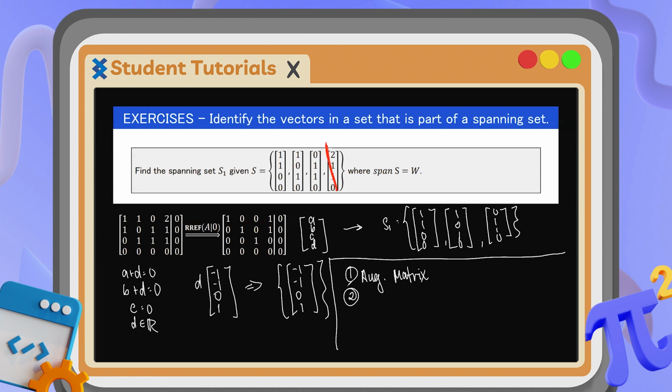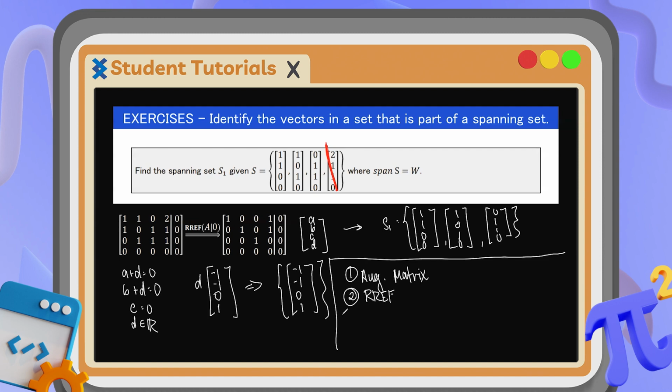And you should also remember, in an augmented matrix, which exactly should be on the right-hand side, whether it's the 0 vector or maybe you're representing any vector. So you can represent it as X and Y, like in the examples from the spanning set. Second of all, you take the RREF of the matrix.